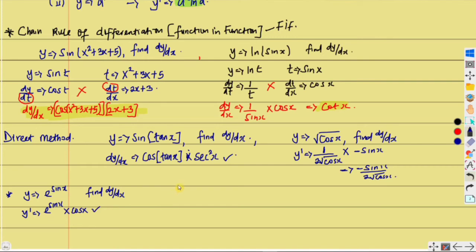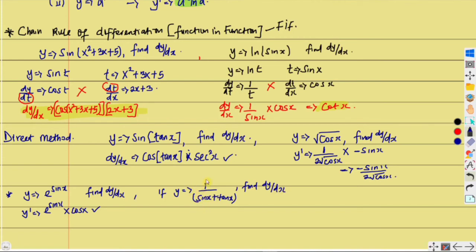We can take another example. Another one: if y is equal to 1 over sine x plus tan x, then the examiner asks us to find dy/dx. Now in this case also, we can do it directly because this is also two functions.